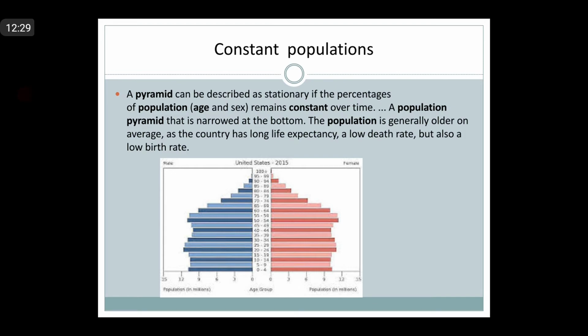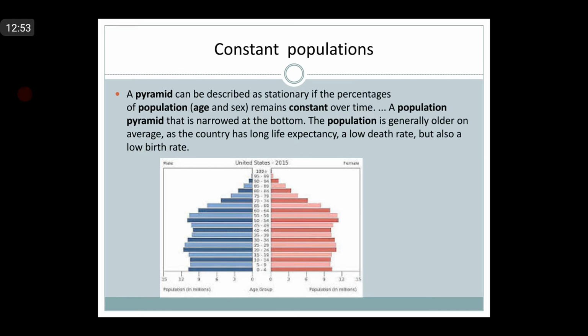Right. Now, the second one would be the stationary pyramid. A pyramid can be described as stationary if the percentages of the population, age, and sex remain constant over time. It will be the same. So Australia's age sex pyramid is bell shaped and tapered towards the top. This shows birth and death rates are almost equal, leading to a near constant population.